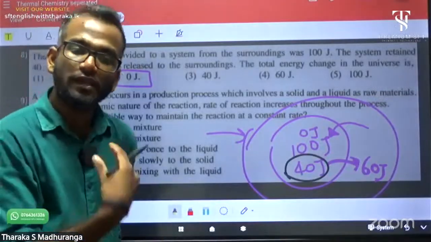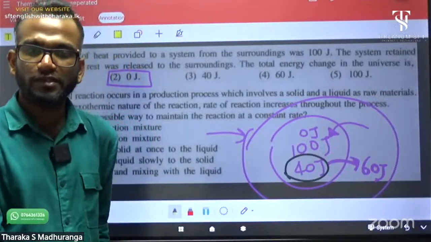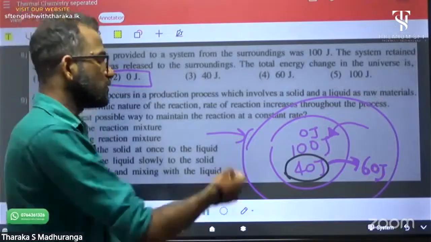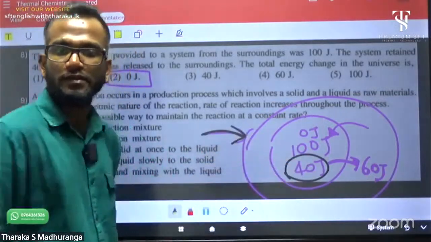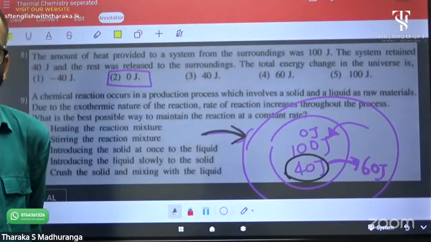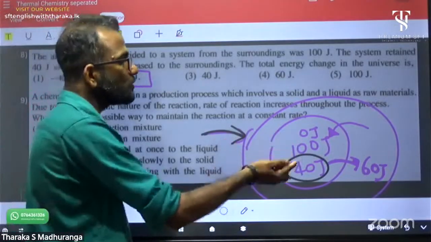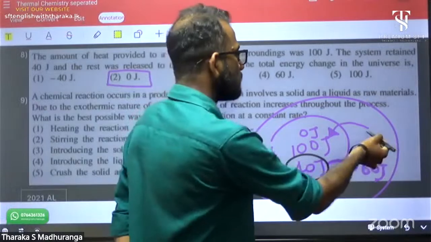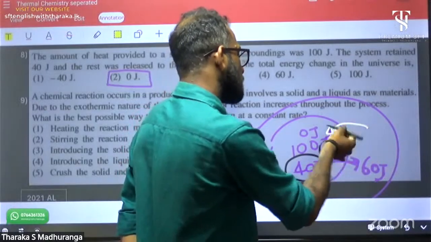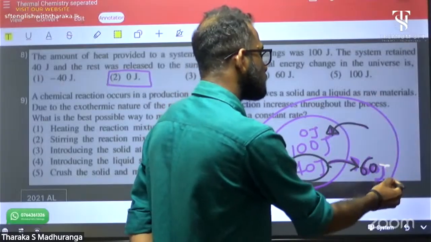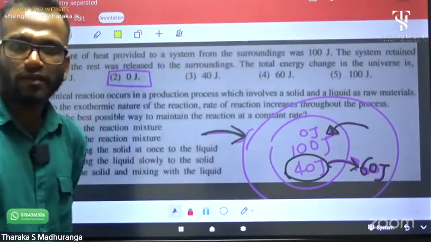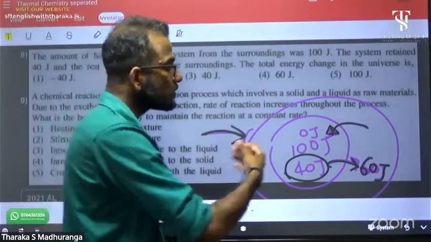Therefore, there is no energy change in the universe. Clear? The system is inside the universe, the surrounding is also inside the universe. Therefore, no energy change in the universe. 40 joules retained and 60 joules released again into the surrounding. There is no net change.